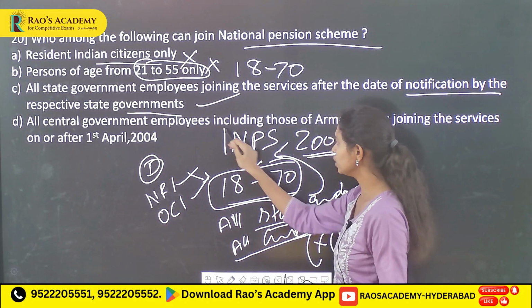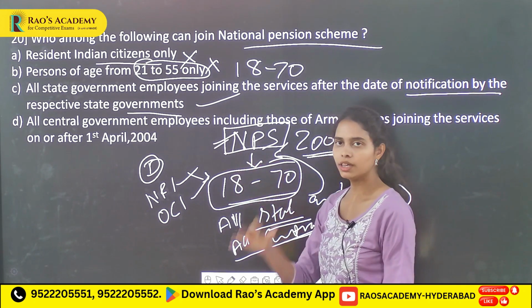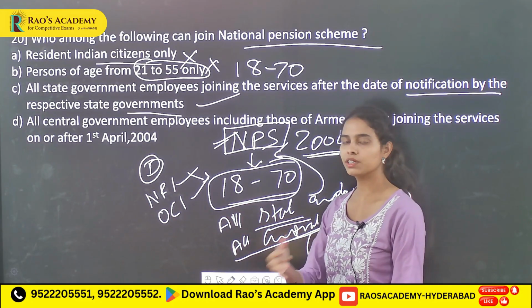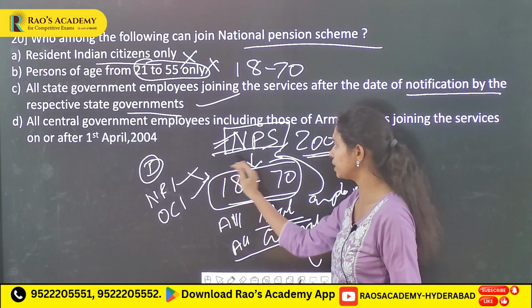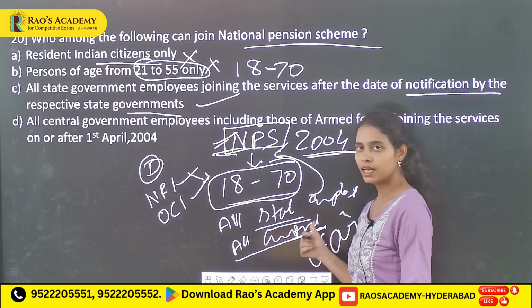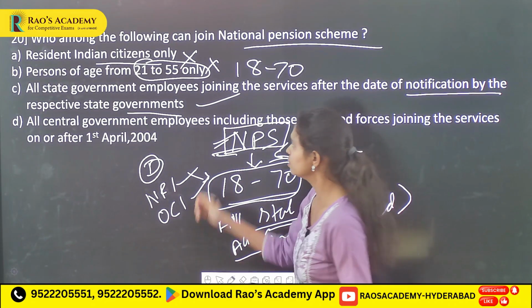After the union government releases a notification with regard to this scheme, all the respective state governments also release their own notification of this scheme. So all such state government employees can avail under the state NPS. So C is also a correct one.